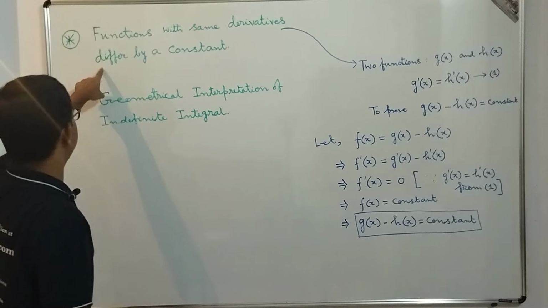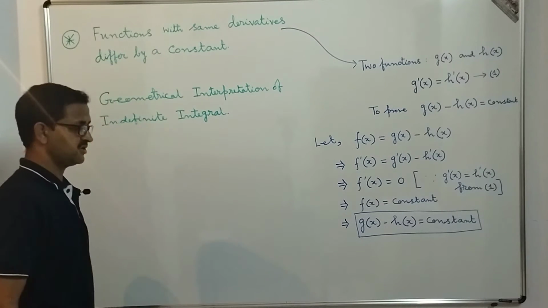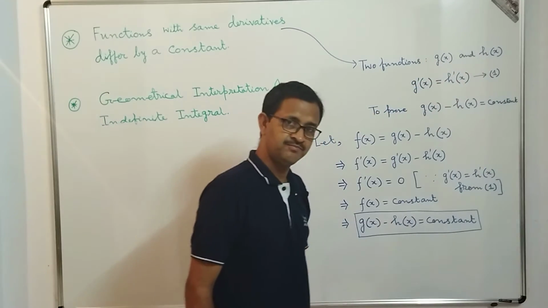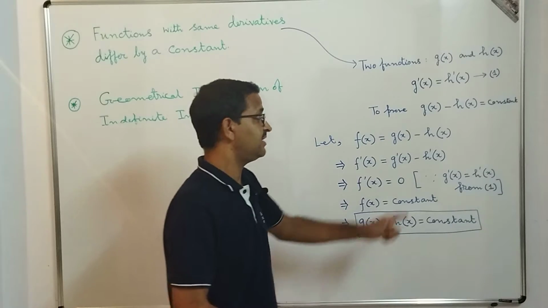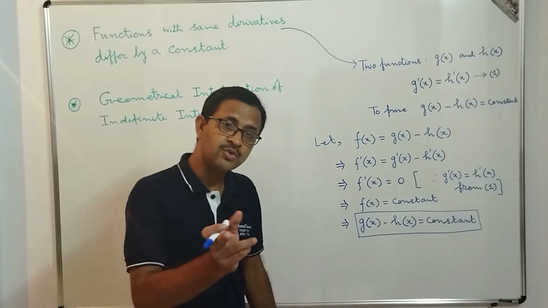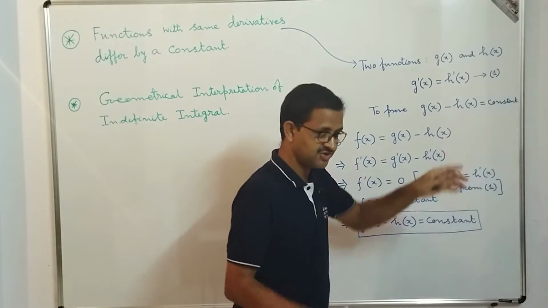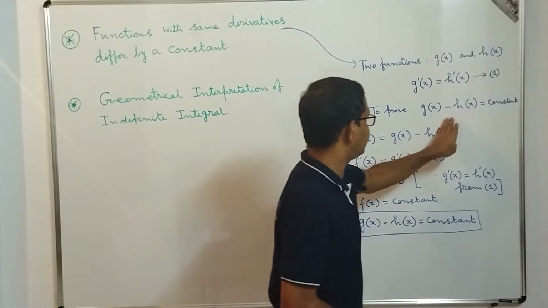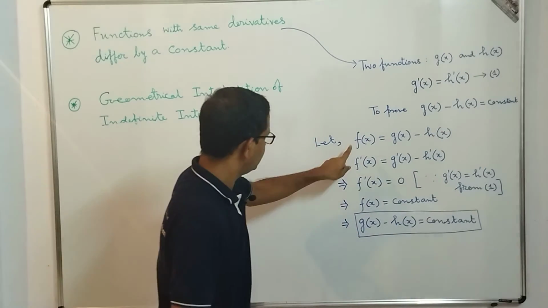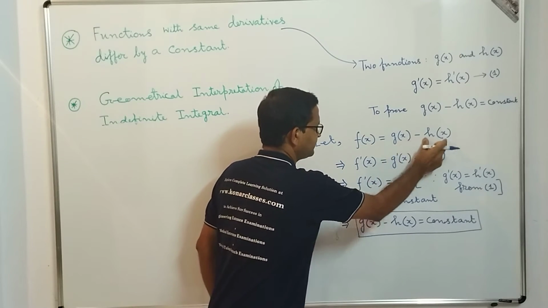Let me go back to the statement: functions with the same derivatives differ by a constant. What are the two functions we took? g(x) and h(x). And what is the condition? Their derivatives are the same, that means g'(x) is equal to h'(x). What we need to show is that they differ by, meaning g(x) minus h(x), that is their difference, should be a constant. This is the way we have proved it. Very quickly, we took another function f(x) equal to g(x) minus h(x).